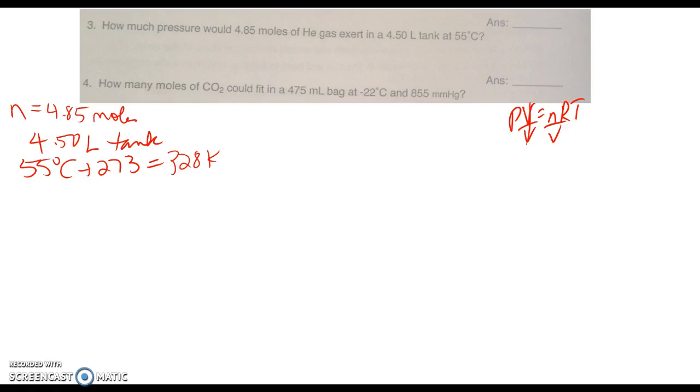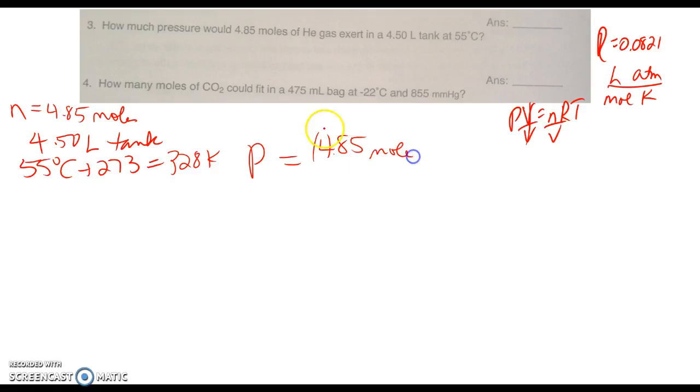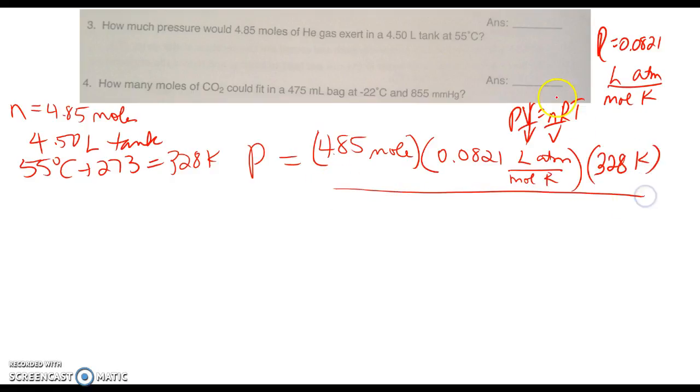Let's use R equals 0.0821 liters atmospheres per mole K. All right, so pressure will equal n, 4.85 moles, R, 0.0821 liters atmospheres per mole K, times our 328 K temperature, and we'll divide this by the volume they gave us, which was 4.50 liters.